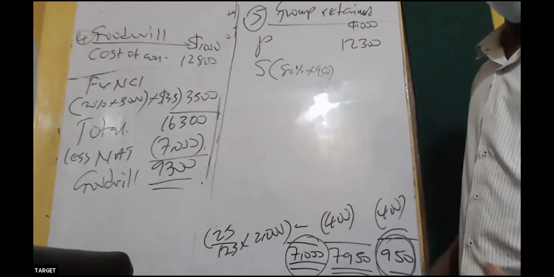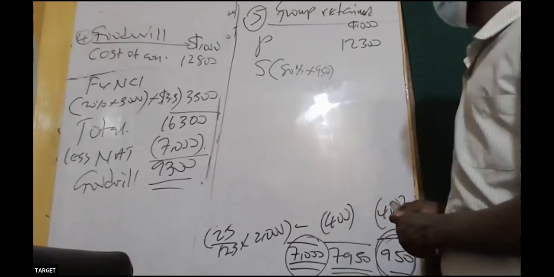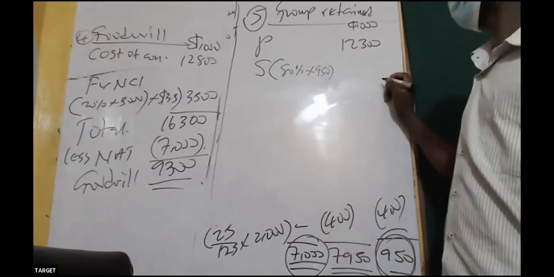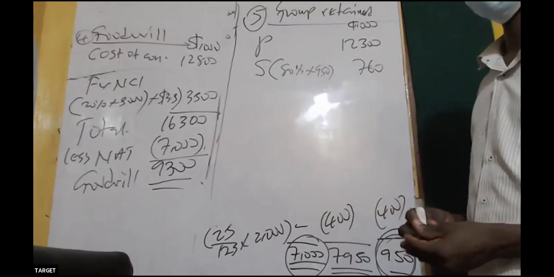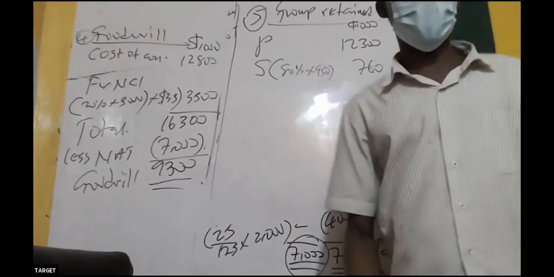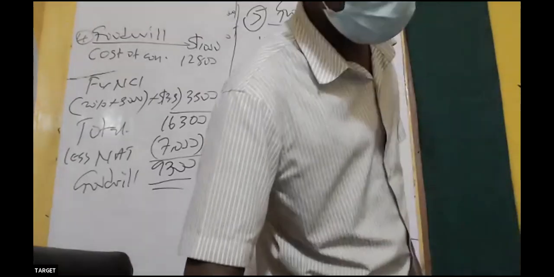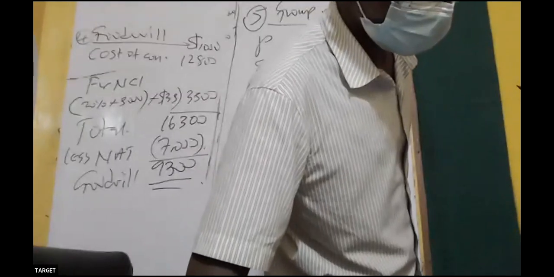That will give us 760. The remaining one goes to the NCI. So 760 comes here.